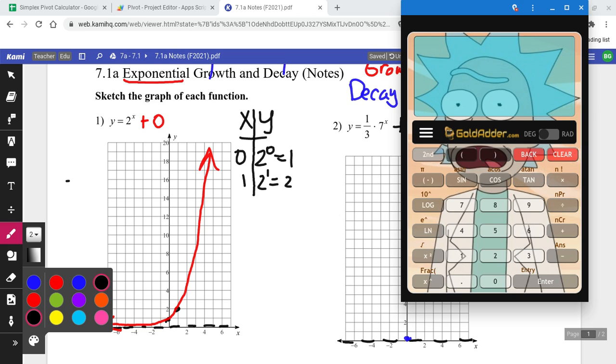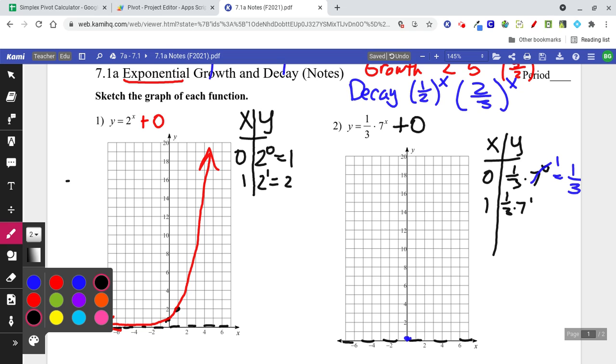Okay? 1/3 times 7 is about 2.33. Okay? So use a calculator if you need to. But that's about 2.3. So I've got the point 1, 2.3. Right about there or so-ish.